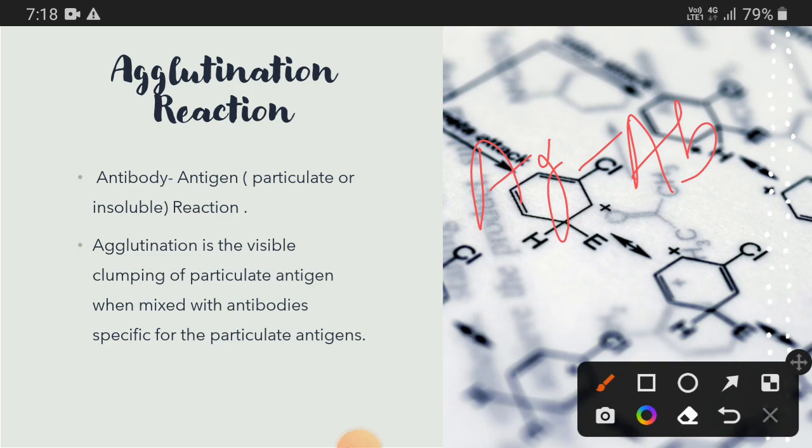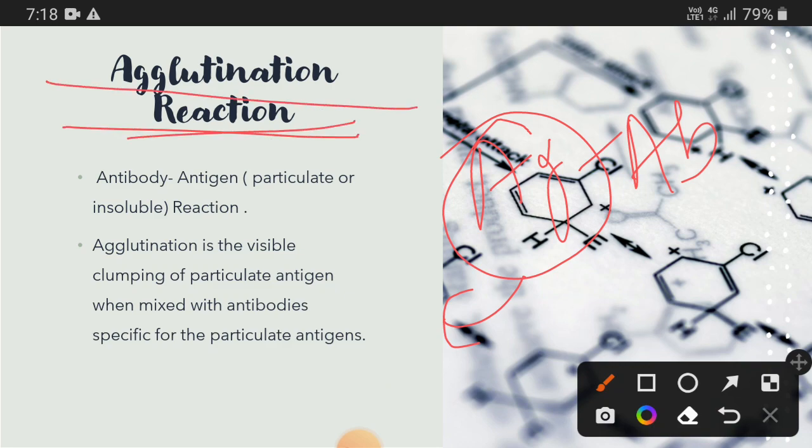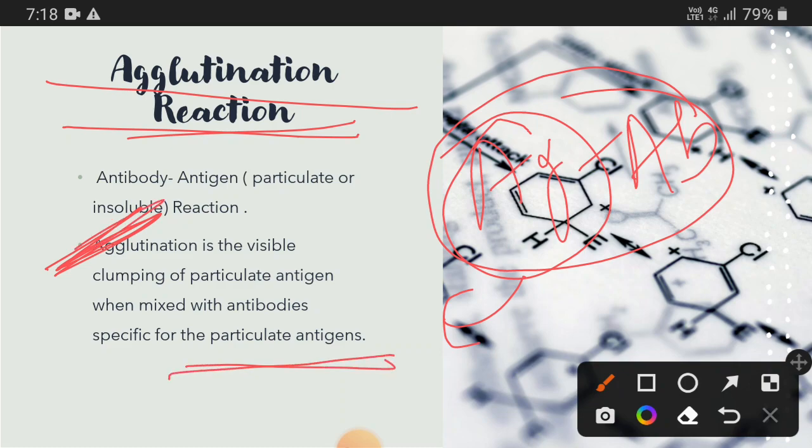In that reaction, the antigen is specifically particulate or insoluble, and this interaction leads to the formation of visible clumping of the particulate antigen when mixed with specific antibodies. That means agglutination reaction is an antigen antibody reaction in which the antigen is particulate or insoluble, and it leads to the formation of visible clumping.